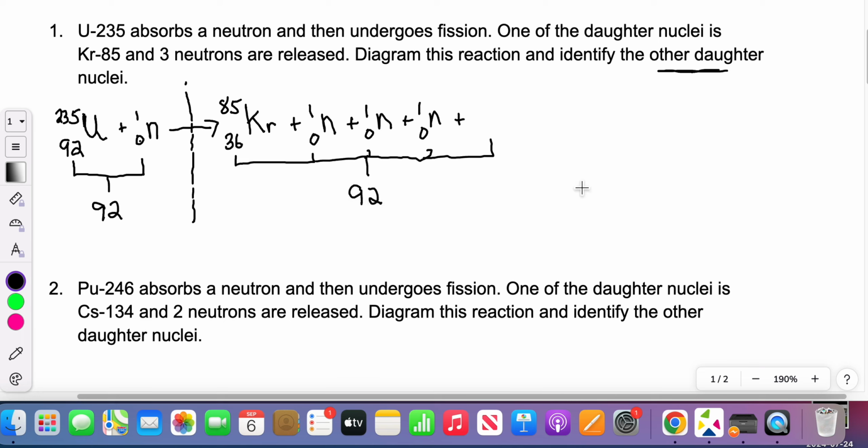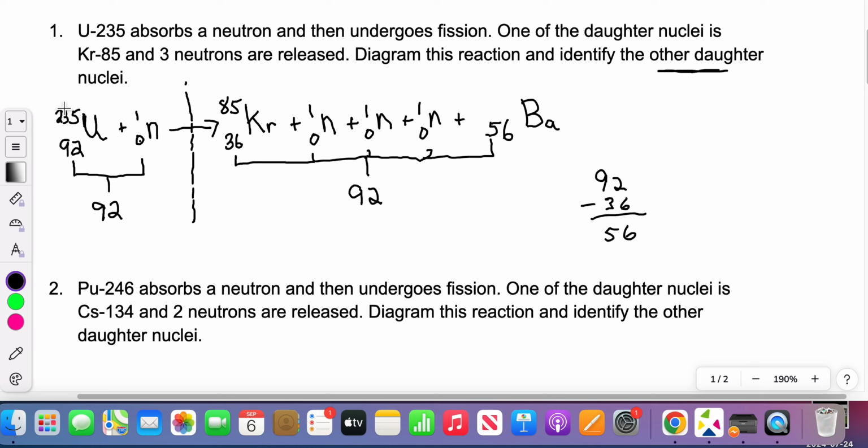So the easy way is just to take the total from the left side, which is 92, subtract what you know on the right side, which is 36, and 92 minus 36 is 56. And that will tell you the bottom number for the element that's unknown. Now, if you look up number 56 on the periodic table, it happens to be barium, Ba.